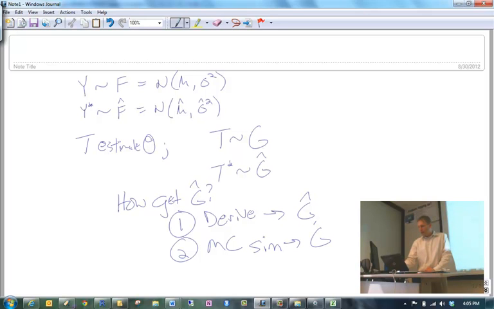And from that, you're going to get a g hat with, let's say, a subscript R, or capital R, that corresponds to how many replicates you do in your simulation. And we call this simulation resampling. And since we have an actual distribution that we're starting with here, it's parametric resampling, or parametric bootstrap. Okay, so that sets the stage for what we're talking about right now with respect to the bootstrap.